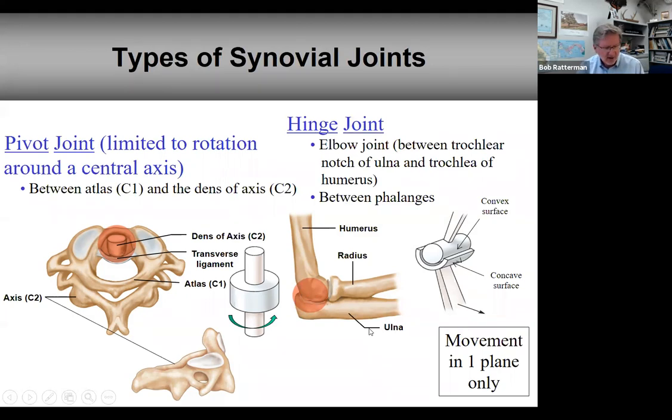Think back to our description of those various structures, the various fossae and condyles. And so we have movement, in this case, in a single plane for the most part. We might also describe the knee as a modified hinge joint, as well as the 2 we see listed here. We only have movement in one plane.